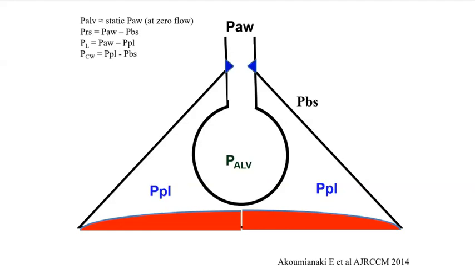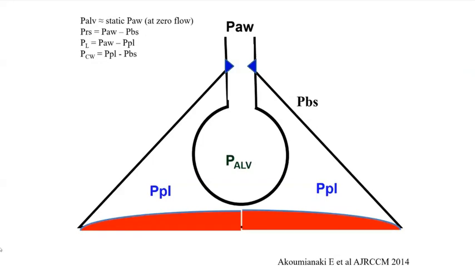Usually we measure the pressure at the opening of the airway, which is displayed on the ventilator. It's a total pressure moving both the lung, and you have an illustration of the lung and the alveoli, and also moving the chest wall, because this is the total pressure.